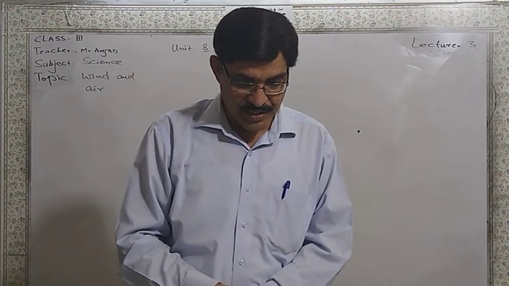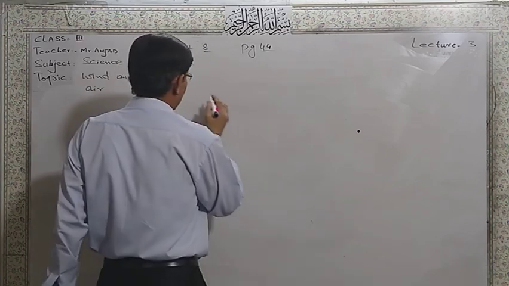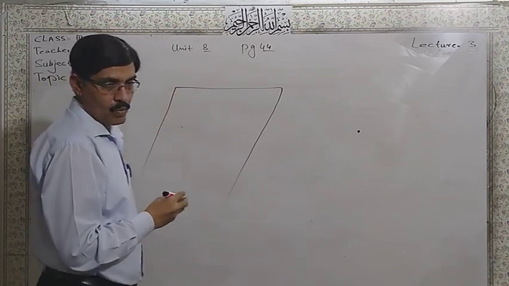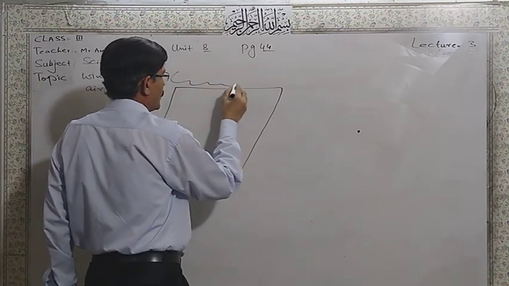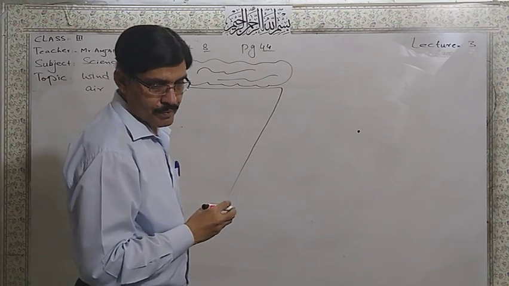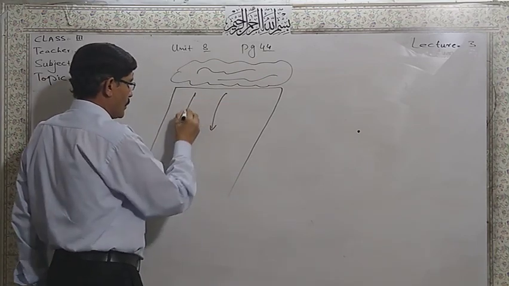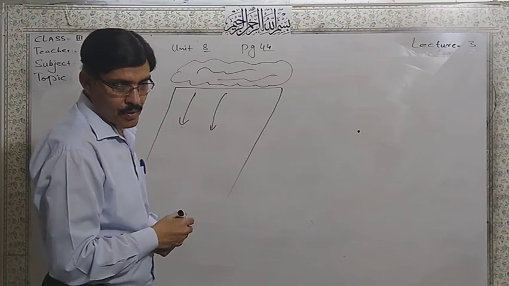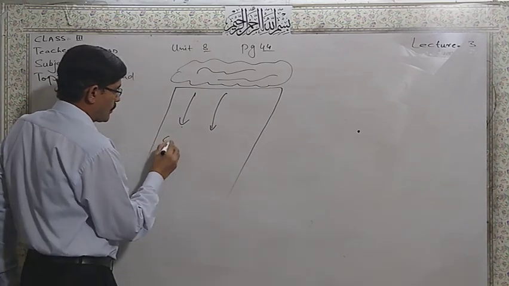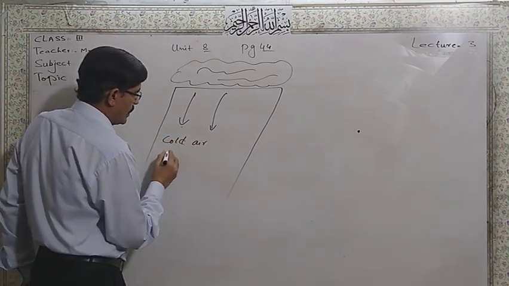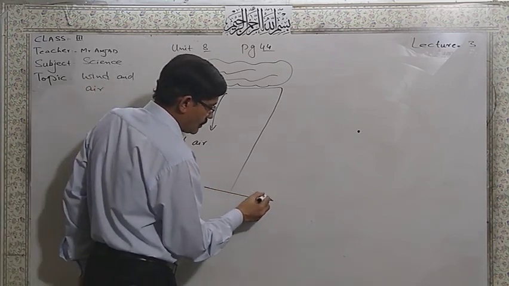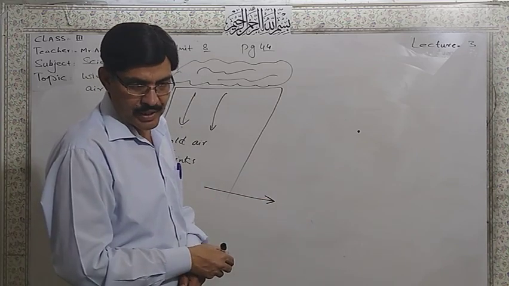Look at your book. There are pictures. Look at this one. We have a cloud over here. This is cold air, which sinks. Cold air sinks. From that to the other one, it takes place with the warm air that rises.